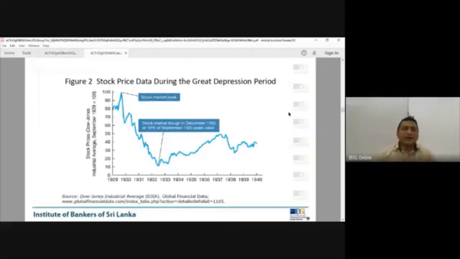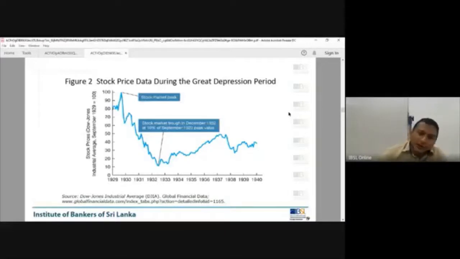So basically, you are seeing the stock market circumstance during the Great Depression. It crashes from 100 to almost 10, and then some recovery, but not even half of that, very much settling around the mid-30s up until the Second World War.